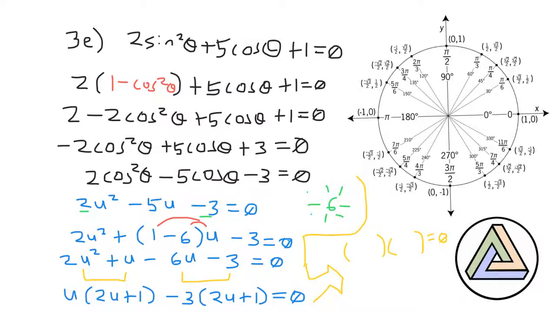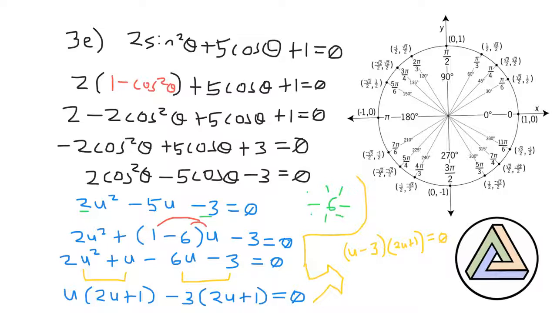One of the parentheses is going to have 2u plus 1, which is the MVP, and the other one is going to have u minus 3, which is basically everything that's left over here, other than the 2u plus 1. So that, of course, sets up two different equations: u minus 3 equals 0, and 2u plus 1 equals 0.